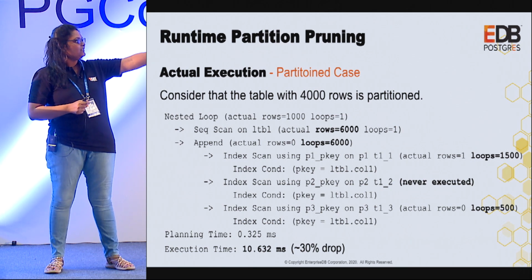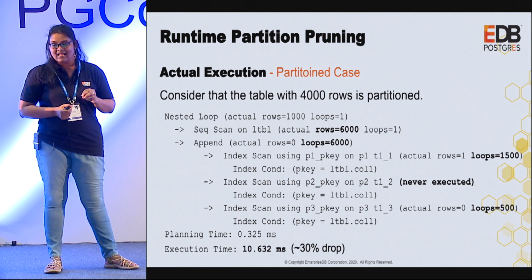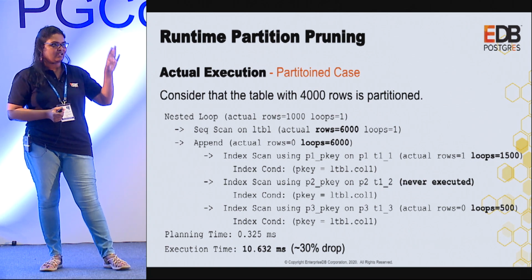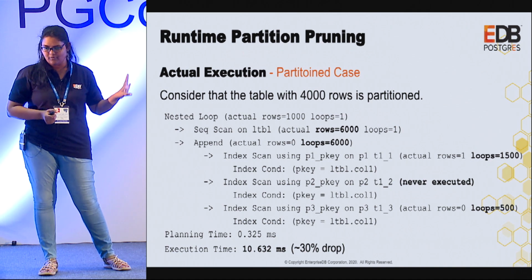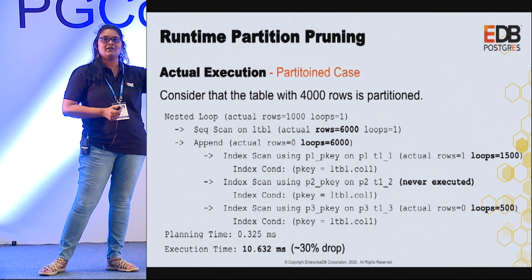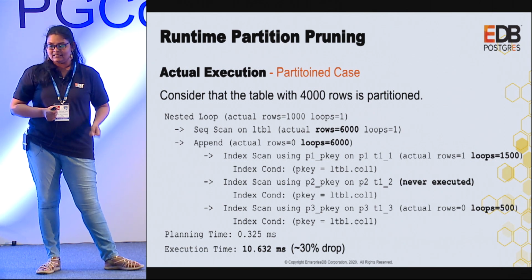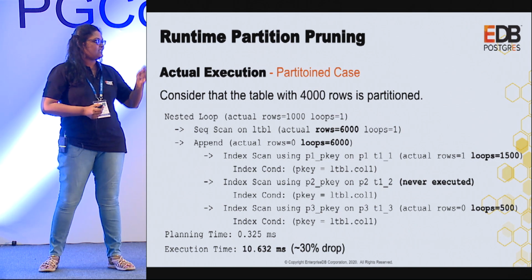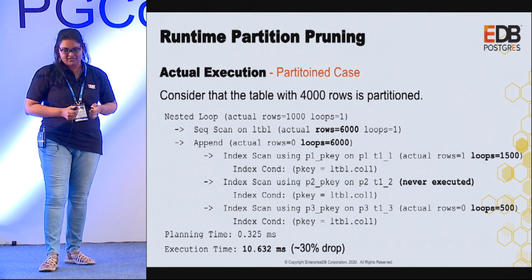Ultimately, the first partition P1 is only scanned 1,500 times, and the second partition is never scanned because none of the values in the outer table satisfied its rows, so it did not bother scanning it. That is mentioned by never executed, which means that this partition was never scanned in this query. The third partition, P3, was only scanned 500 times because only 500 rows in the outer table satisfied its condition.